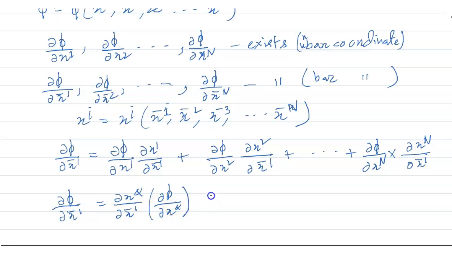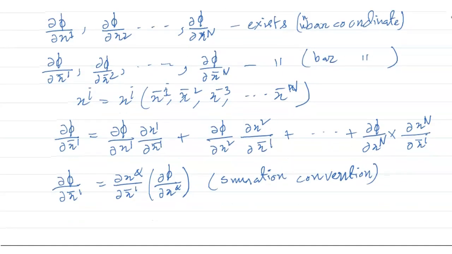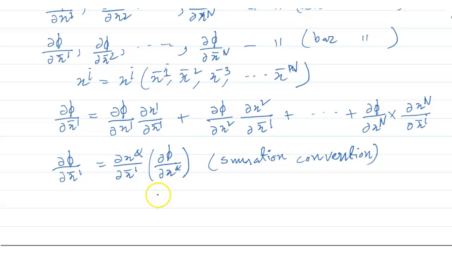This representation is the summation convention. This is called covariant.